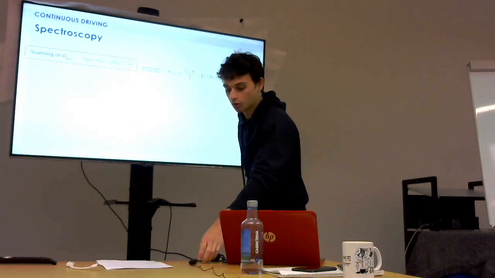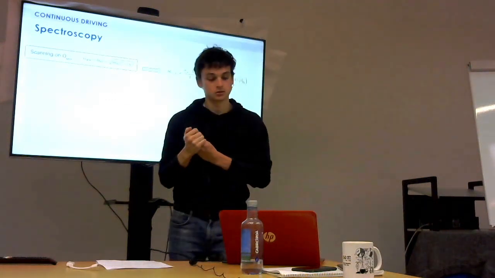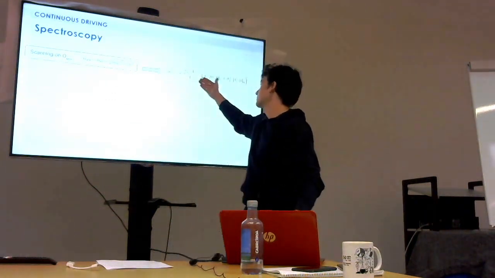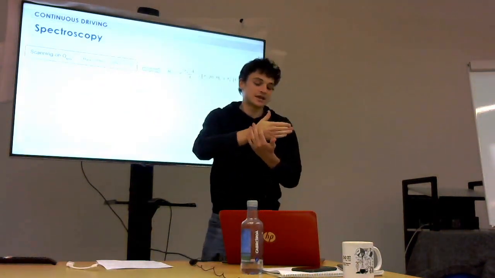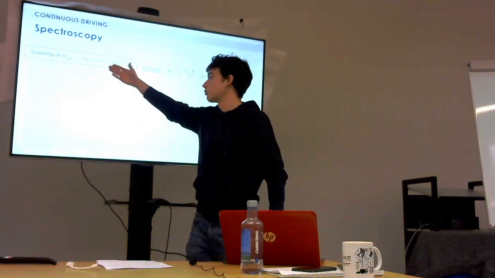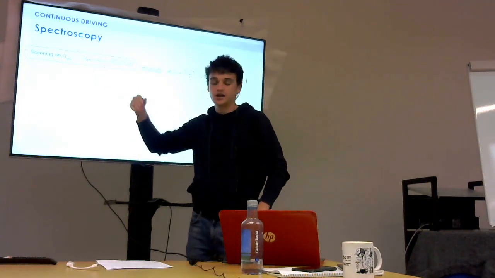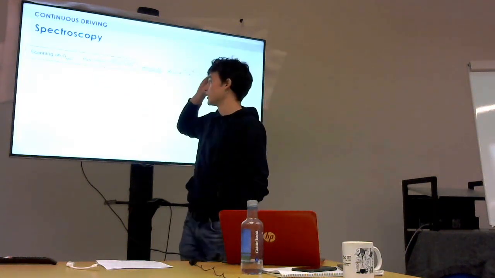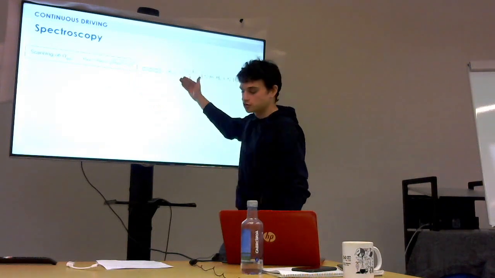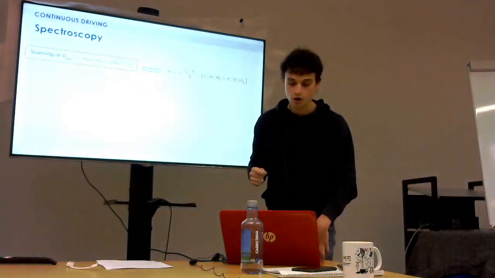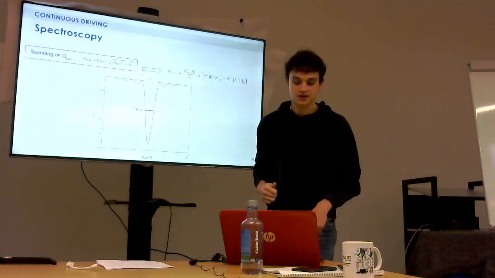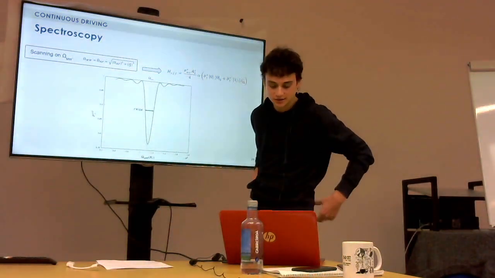Okay, so the idea here is, if we know that this Hamiltonian is true when this is met, what we can do is scan again on the amplitude for the microwave radiation, and we know that when this is true, this will be true, and thus we will be able to see again a peak on the population of the NV. And this is actually what happens when we simulate it.